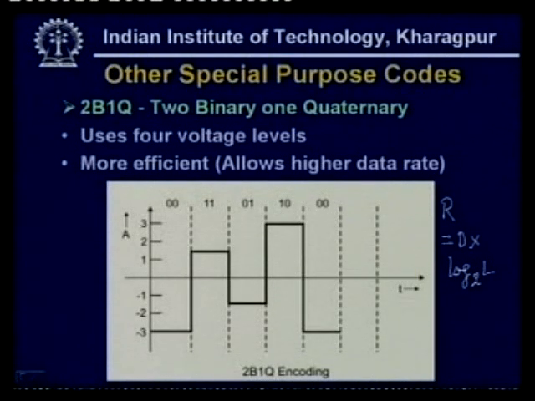Because it is using 4 levels, the data rate will be 2 times, and as a result each signal element will be able to represent 2 bits. So, this signal element, minus 3, is representing 0 0, or this signal element, plus 1.5, is representing 1 1. So, by using this multi-level encoding we are able to send more data with fewer signal elements. In other words, with a lesser baud rate your data rate is more.